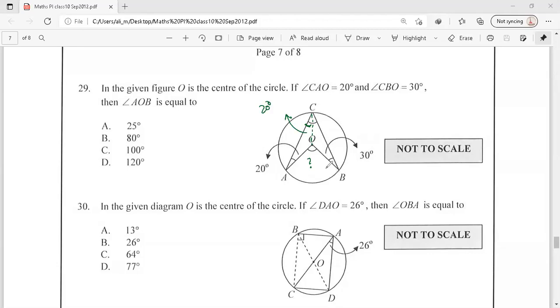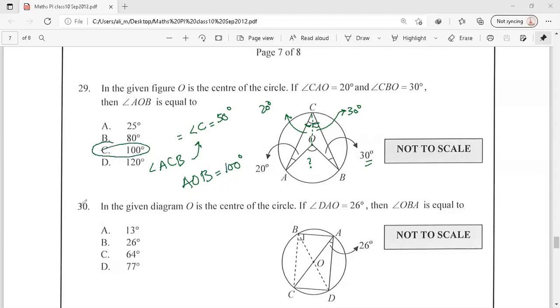Similarly, these two are radii. If here we have 30 degrees, this would also be equal to 30 degrees. So overall, angle C, or angle ACB, is equal to 50 degrees. This angle C is in the major arc, and the central angle is always double of the angle in the segment. So the angle AOB will be equal to double of this angle, 100. So option C is the right answer.